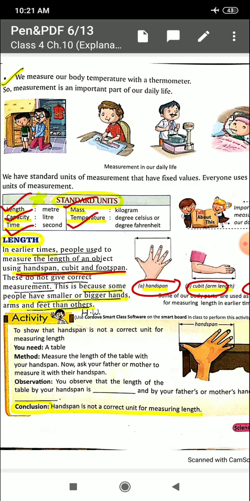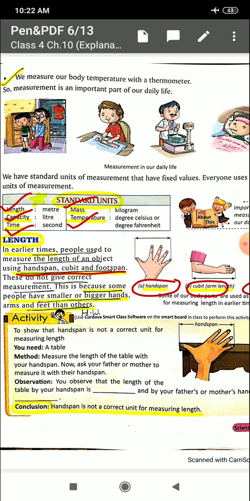For example, you measure the length of the table with your hand span, and it is 6 hand spans. Then you ask your father or mother to measure the table using their hand span. As the size of your father's or mother's arms and legs is bigger than yours, obviously the measurement will be different.